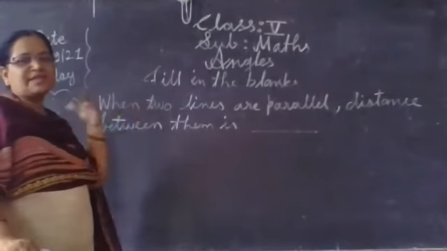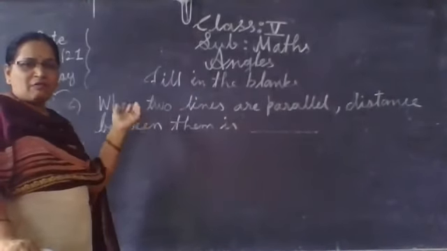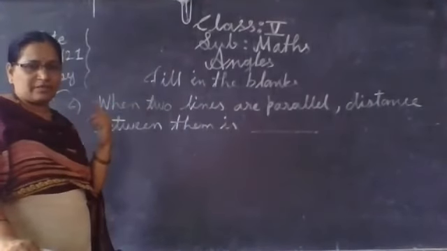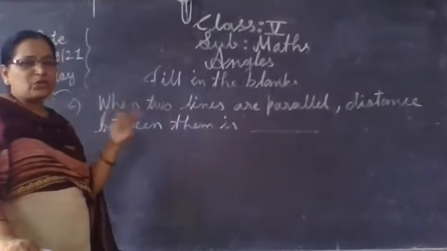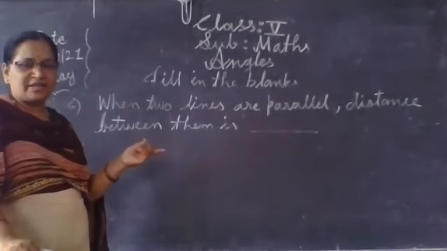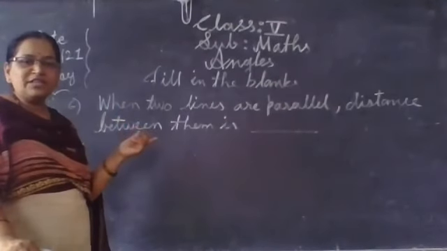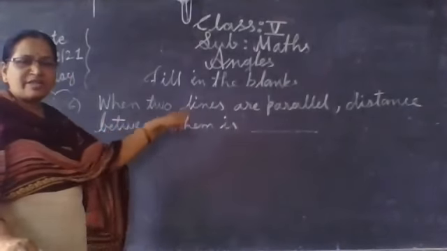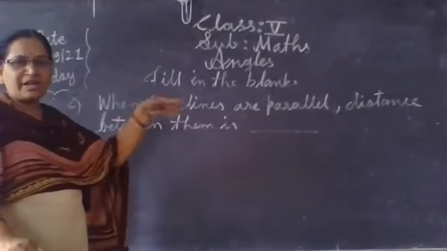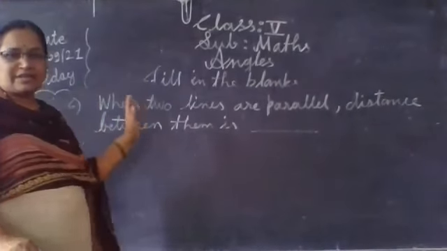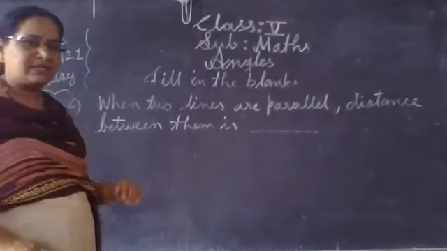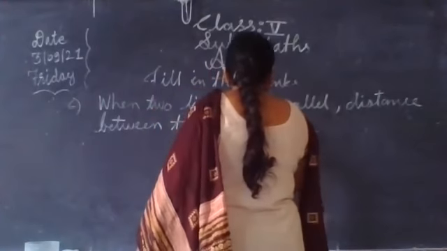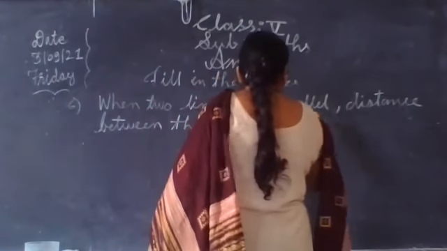Now see children, when we say the given two lines are parallel, the distance between them is always equal, and that's why they do not intersect each other. Why do they not intersect? Because they are running parallel. The distance always remains constant infinitely. That's why they are known as parallel lines. So it is always equal.